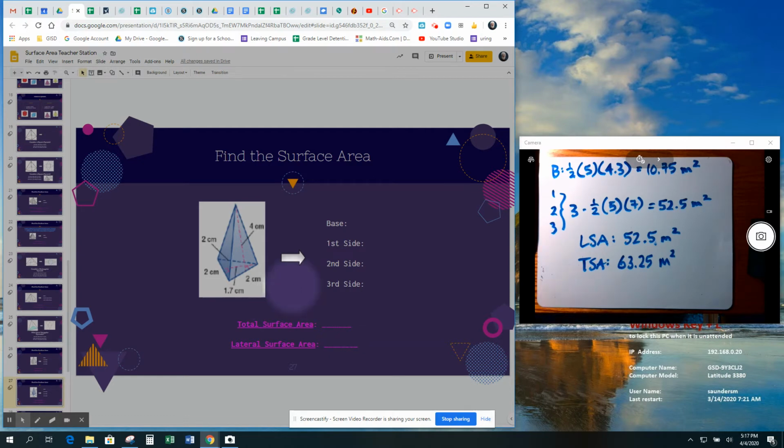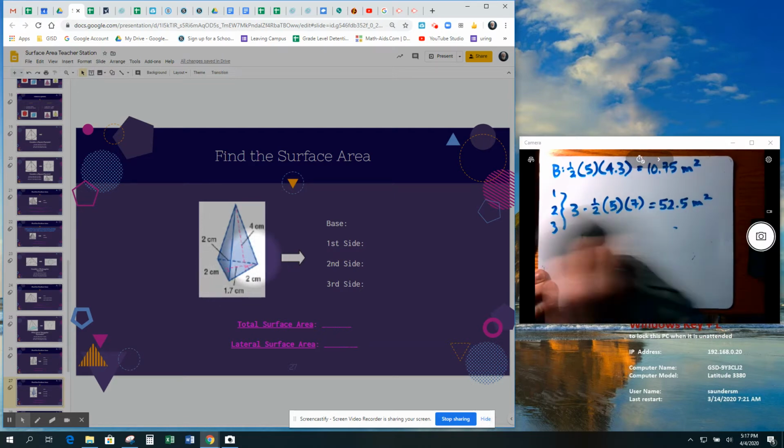Find the total surface area and lateral surface area. Let's see what kind of triangle we have. This has a base of 2 centimeters, 2 centimeters, and 2 centimeters, so it is an equilateral triangle. That means that the sides are all going to have the same slant height, and it gives us all of the things that we need. So let's just go and calculate.